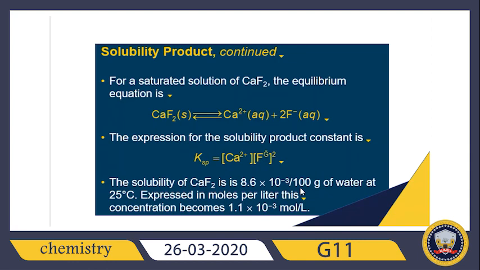So tomorrow inshallah we will learn how to convert this value into moles per liter. But for today we need to focus on how to write the expression for the KSP and how to write a balanced chemical equation.